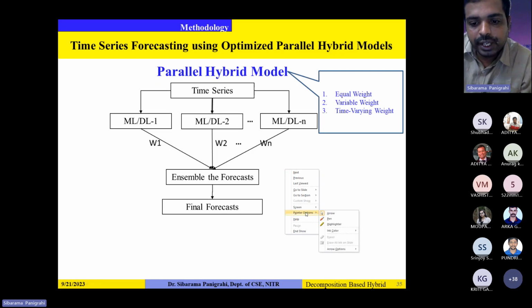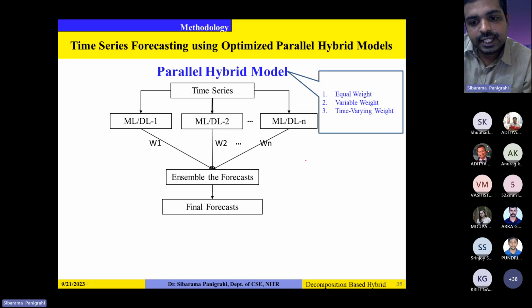For example, let me take a time series, let's say 5, 7, 9, 3. This is, let's say, the original time series. And this is forecast 1.